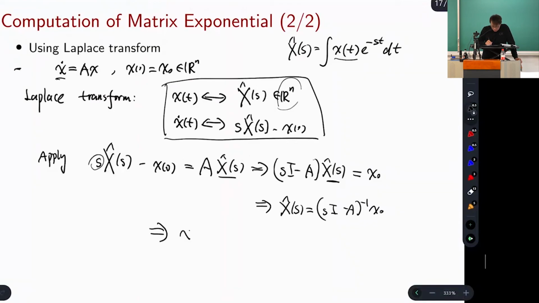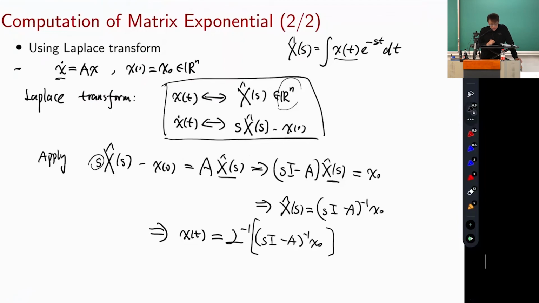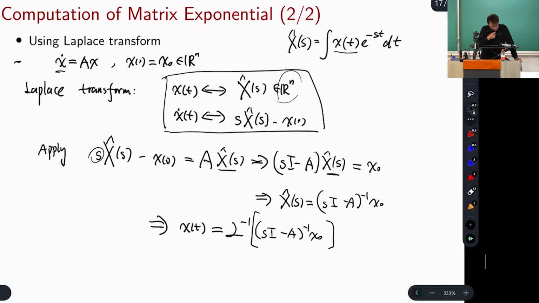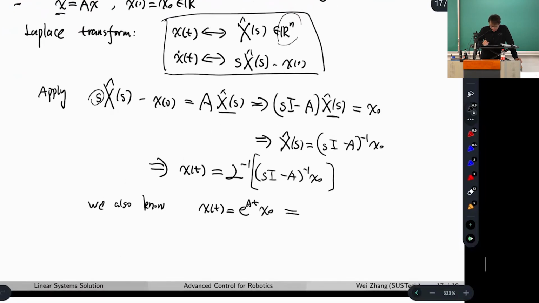And we can do the inverse Laplace transform of this guy, (sI minus A) inverse times x0, and you will find the time domain solution. We also know from today's derivation that x of t equals e to the power At times x0.